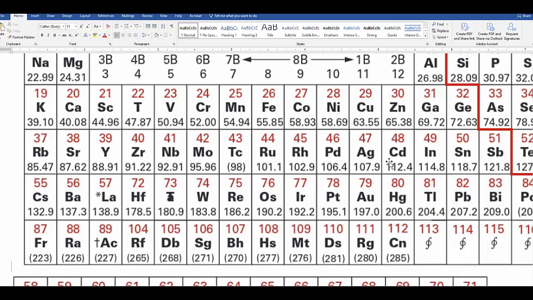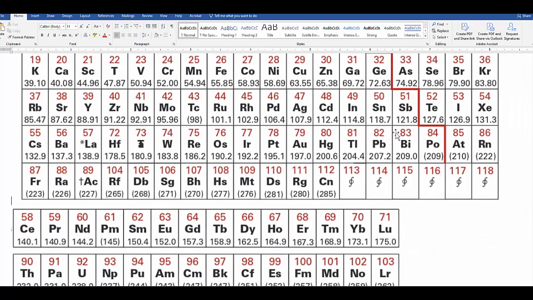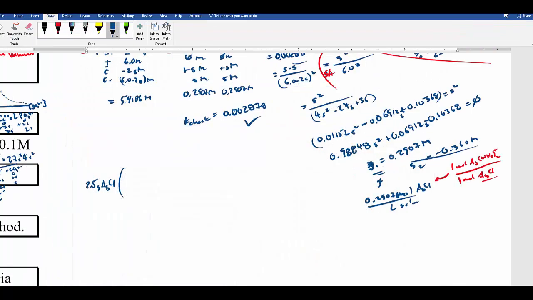So silver is 107.9, chloride's 35.45. Actually, I need 2 decimal places for this. I like my molar masses to do 2 decimal places. This is a Chem 4 periodic table. Let's just get another periodic table here. Just use it.